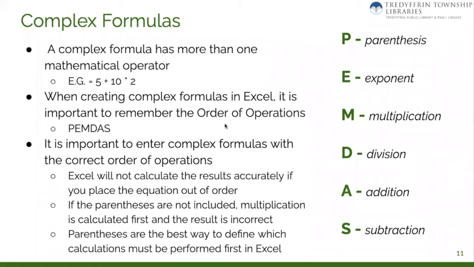So whenever you're creating a complex formula, you really want to think about what you're telling Excel to do. Using this as an example, just typing in 5 plus 10 times 2, without the parentheses, like I said, it'll be 10 times 2 first, and then adding 5 to that value. But if we wanted 5 plus 10 to be computed first, we would have to put those in parentheses to get the correct value that we're looking for.